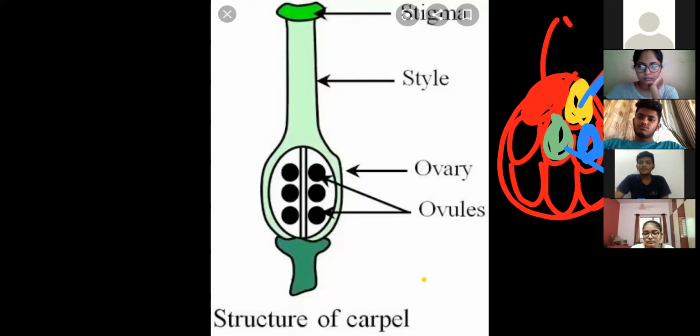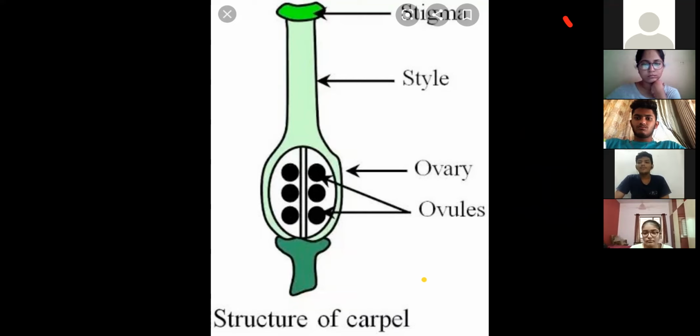But if carpels are fused, ovaries and the other parts are fused with each other, we cannot easily separate them. Tomato we can separate, okay, this is one part of the carpel, this is the second part of the carpel, like this. Custard apple, okay, with a knife, that is totally different, right? So apocarpous condition and syncarpous condition: carpels are free from each other and carpels are fused to each other. Free examples are rose and lotus, and the syn examples are mustard and tomato.